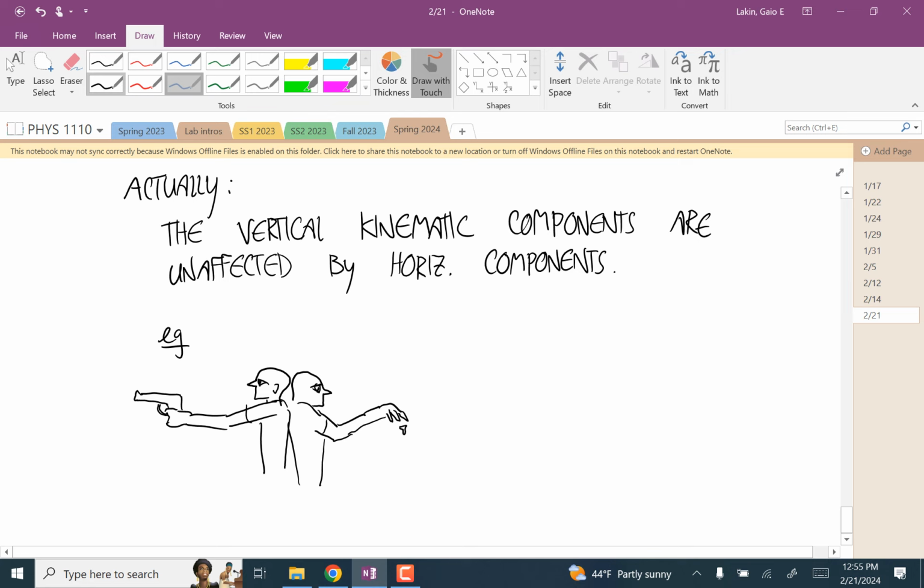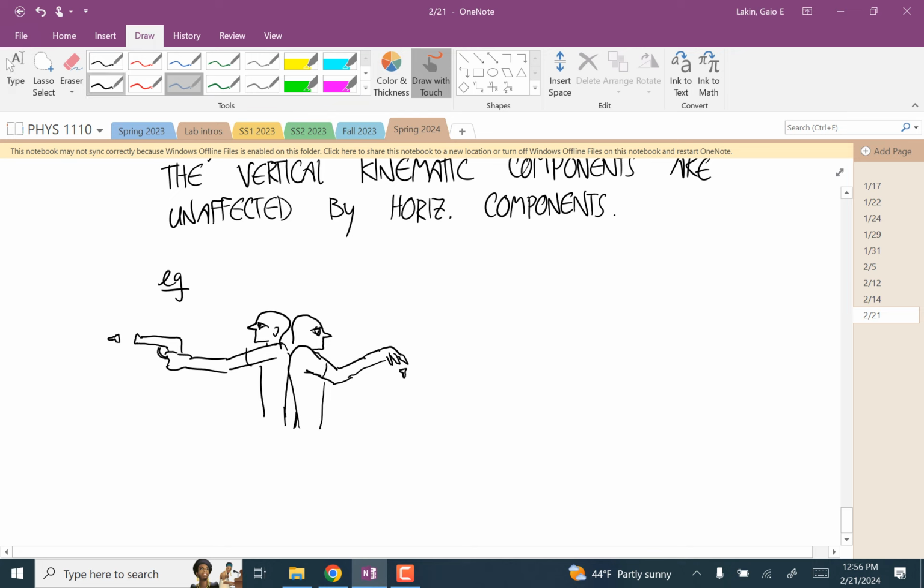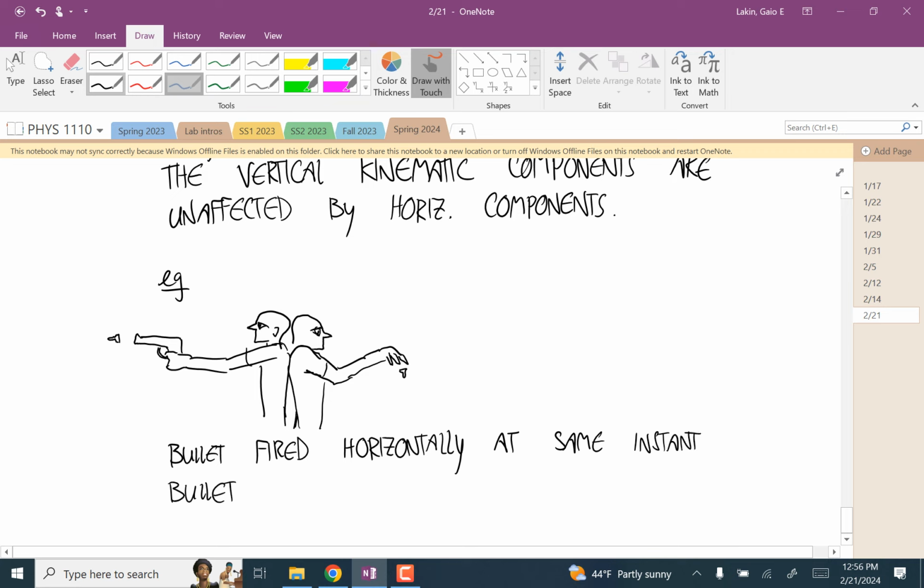It looks like Gru from Despicable Me. So if somebody fires, so a bullet is fired horizontally, at the same instant a bullet is dropped from the same height. Which of those two is going to hit the ground first?